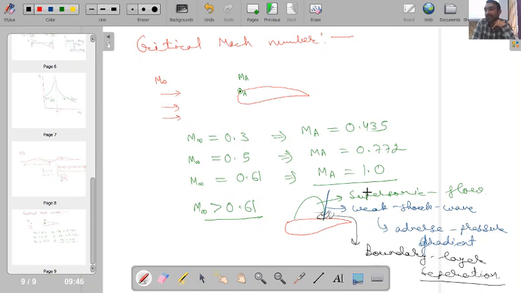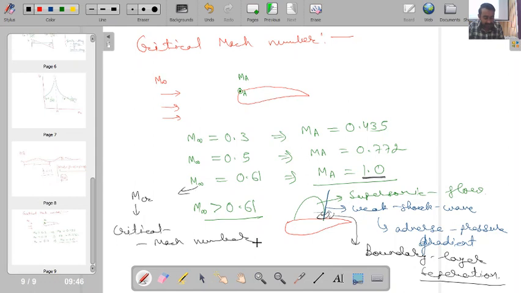So ultimately what we see is that the condition corresponding to which my Mach number becomes equal to 1 at the point of maximum acceleration, that particular Mach number I call M_CR, which is called the critical Mach number.